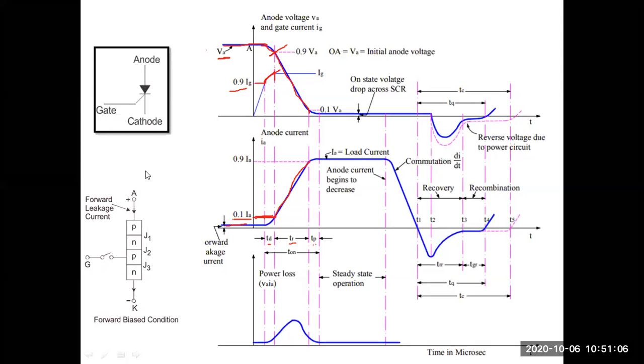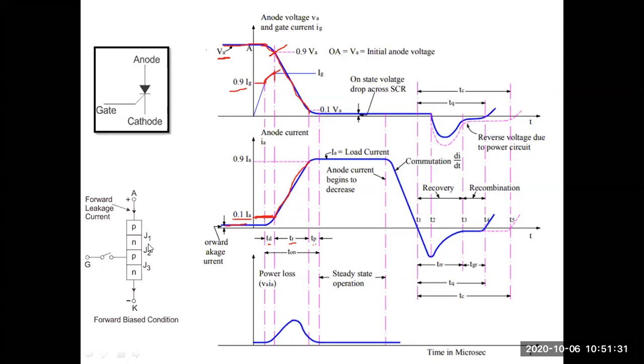Now the current slowly starts rising because of this gate current. In this junction J2, the layer gets increased. That means J2 comes slowly out of reverse bias into the forward biased condition. Earlier it is reverse biased, and this behavior gets reversed.